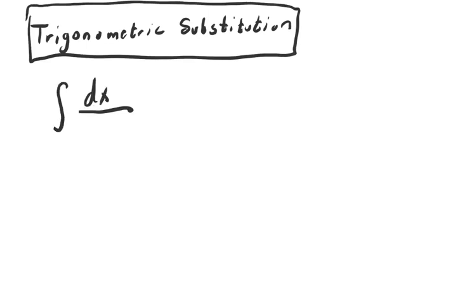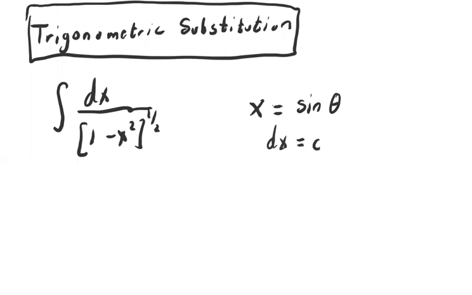So for example, this integral appears a lot in problems that we're going to solve. So what we'll do is remember that x equals the sine of theta, and that's a useful change in variables that we will exploit. dx is just going to be the cosine of theta d theta.